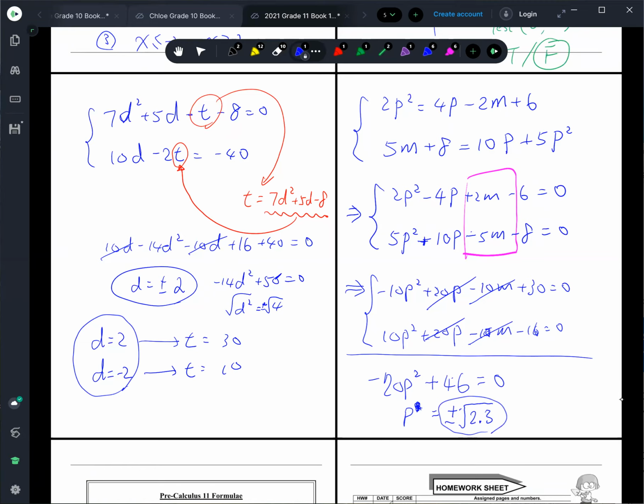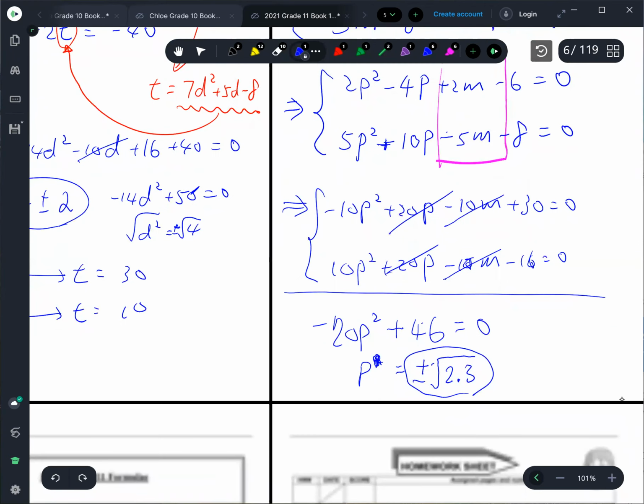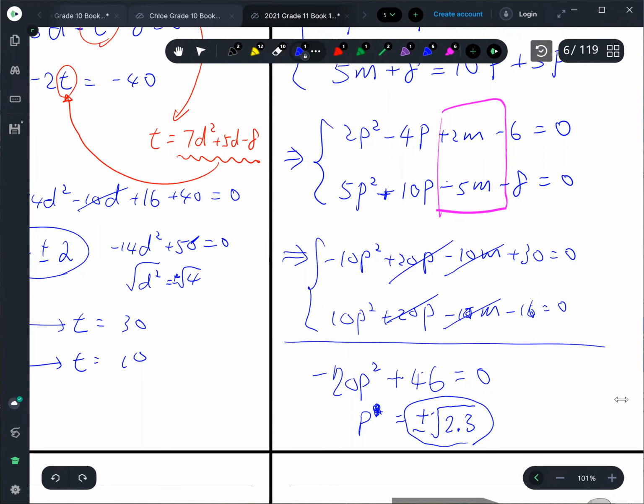So for this one, you can plug into any equation as well to find it. You know how to do that? I think so. Yeah, you will get decimal answers. You have the answer key for this?